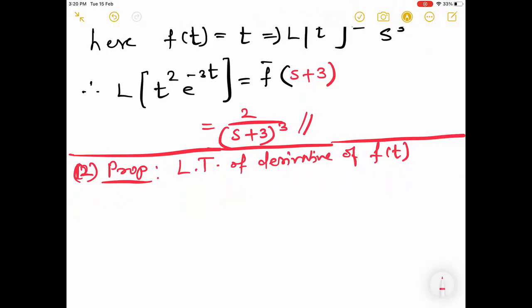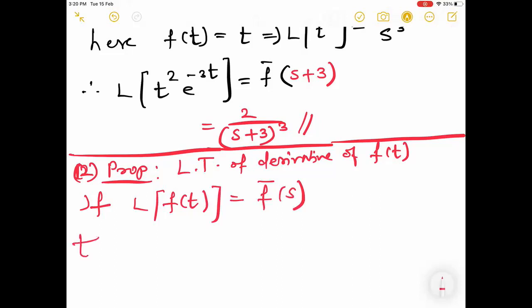Okay. So again the same consideration, if Laplace transform of f of t is equal to f bar s, then Laplace transform of the derivative.